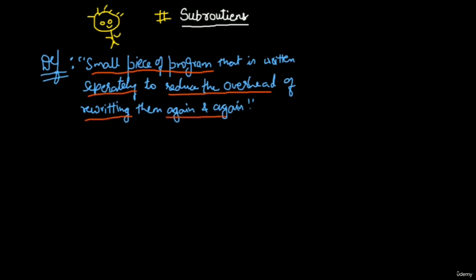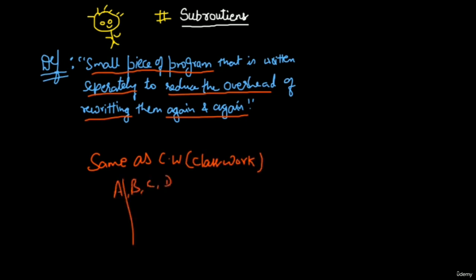Like, how many of you have done this kind of homework in your junior classes, same as CW? CW means classwork. What we used to get was generally to write A, B, C, D on one page, one page, one page.